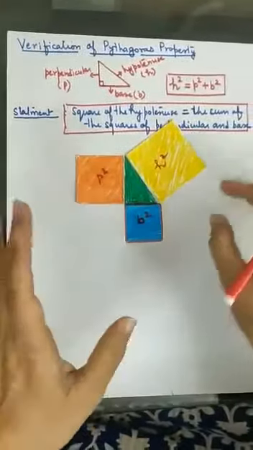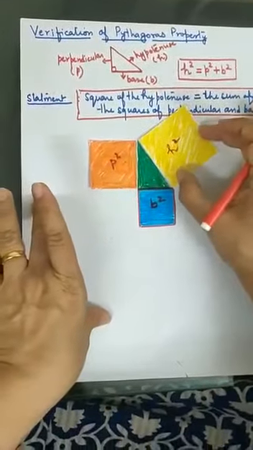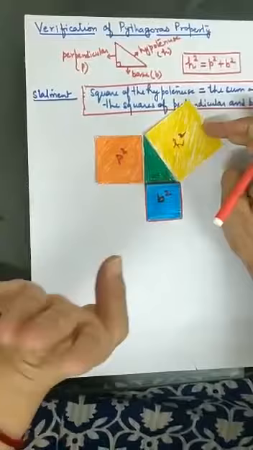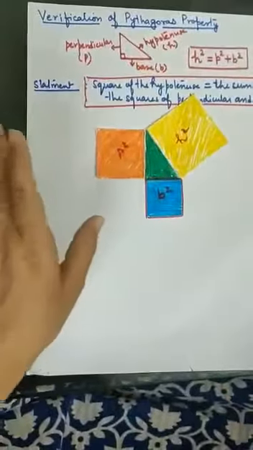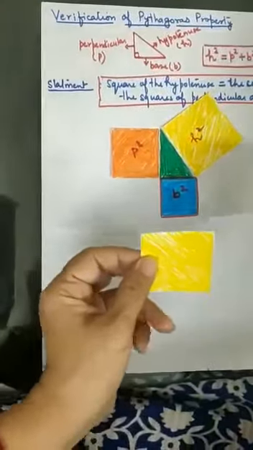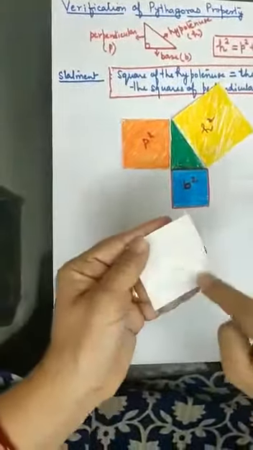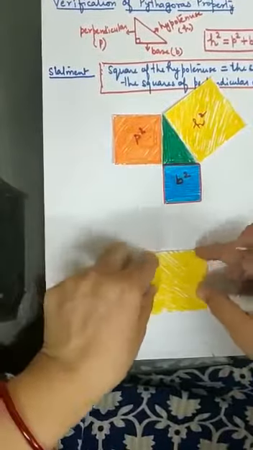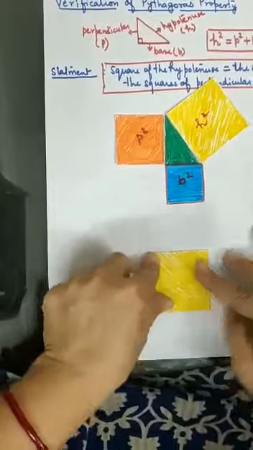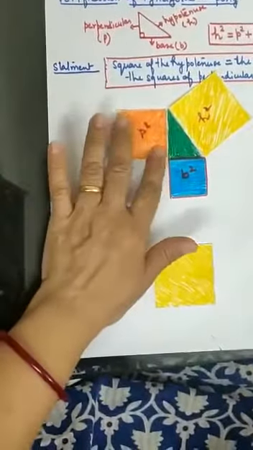What actually means कि ये जो H square है इसमें ये दोनों fit होने चाहिए. ठीक है. So actually we had to take the cutouts separately. I am not taking out here, I have already made the cutouts. So I am pasting this yellow square here, right? Now I have to adjust this P square.